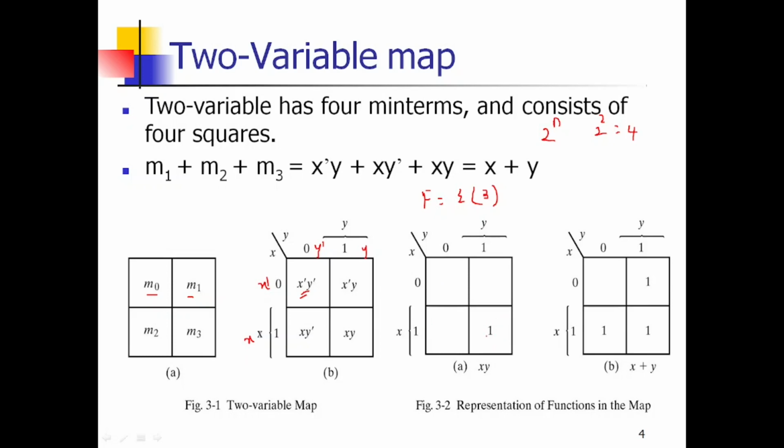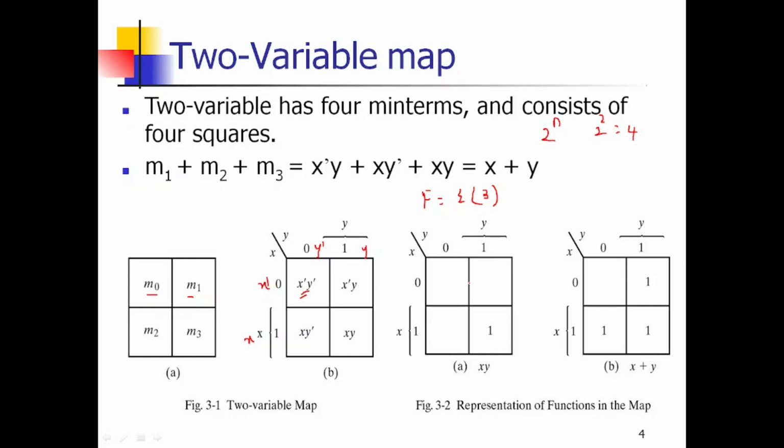For mapping, we have to go through the possibilities of mapping. First we have to check for the quad possibility. If all cells are plotted with 1, then it says the possibility of a quad. Four adjacent cells is said to be a quad.